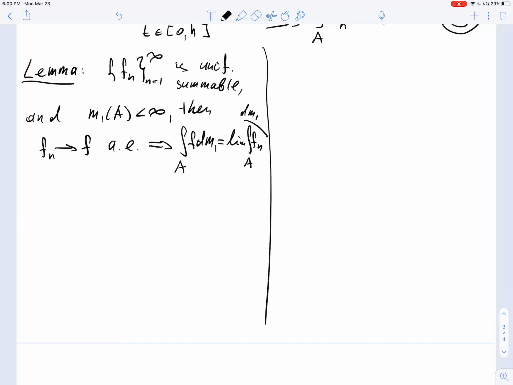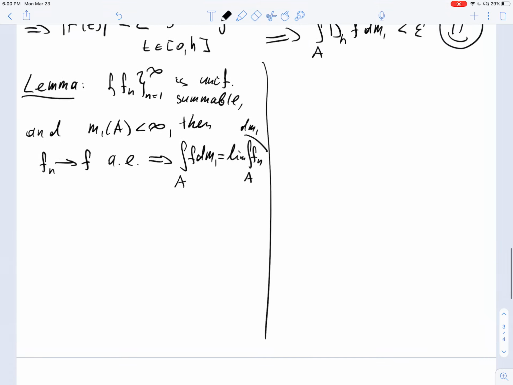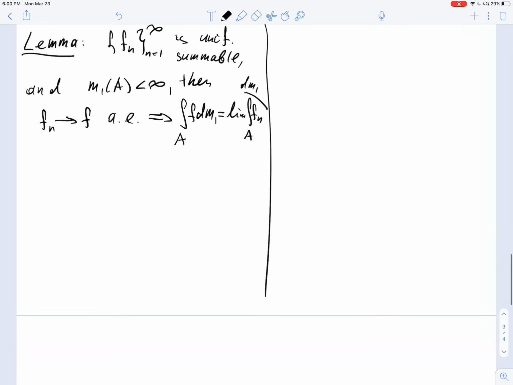In particular, F is summable. Okay, so this is sort of like the Lebesgue dominated convergence theorem, except that instead of some explicit control on the Fn's, we have this uniform summability. Alright, so let's prove this.